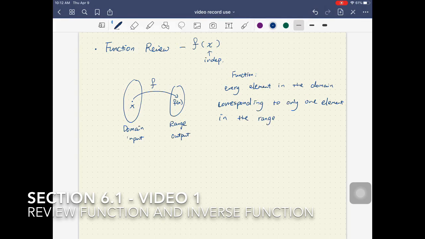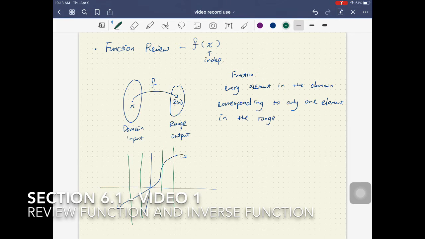Graphically speaking, if I have any shape of graph, for example, one that looks like this, it's really hard to check every single x value in the domain to see that it has only one corresponding y in the range. So we normally use something called the vertical line test.